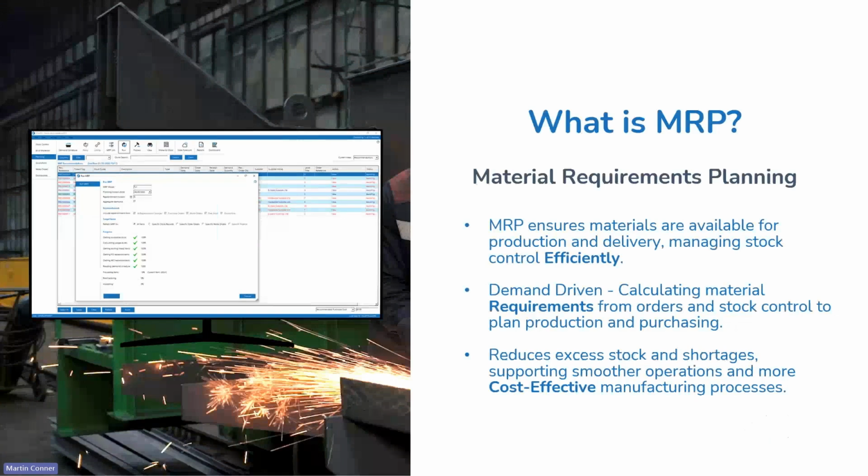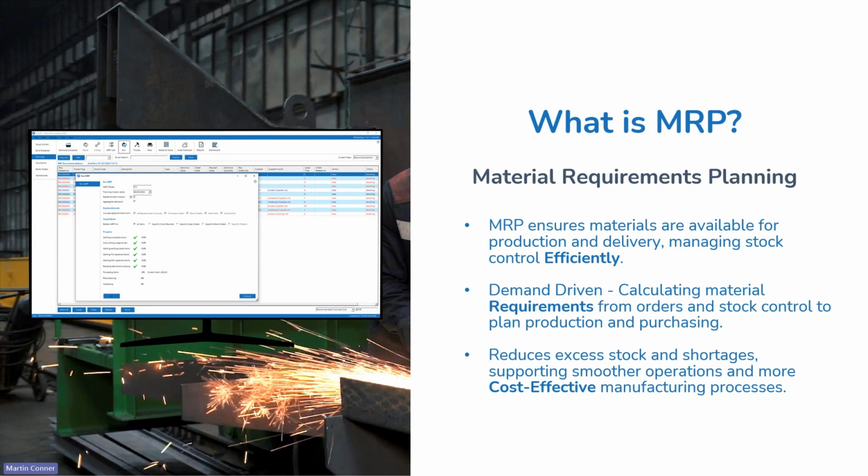So what is MRP then? MRP stands for Materials Requirements Planning, and it basically ensures that we've got the materials, the stock, available for production, so that we can deliver against our customers' orders whilst maintaining the stock efficiently. It is a rule-based system driven by demands generally.